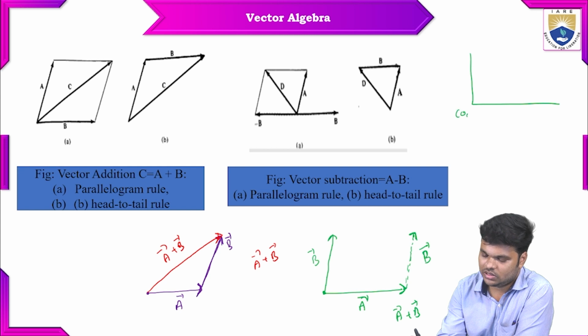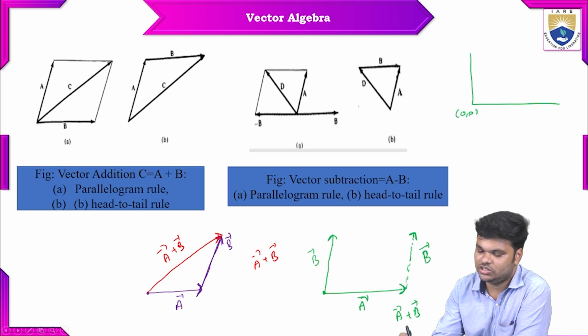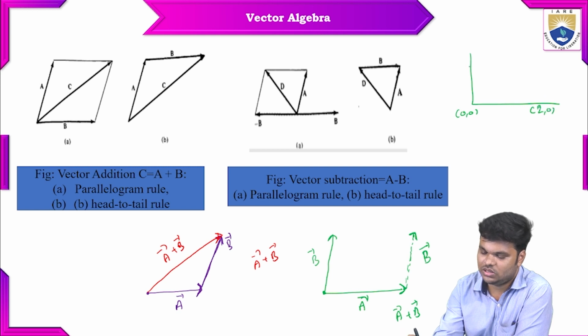Suppose this is the origin, and this is 2, 0, and this is 0, 2. This vector is 2ay, and this vector is 2ax.